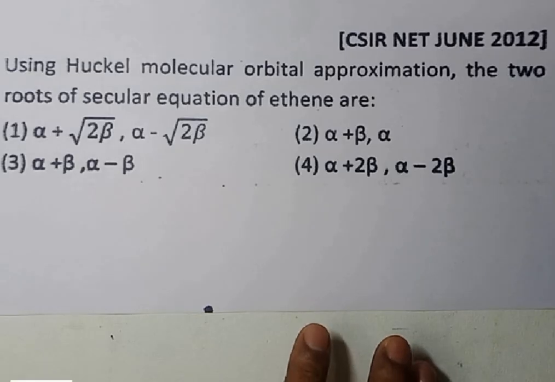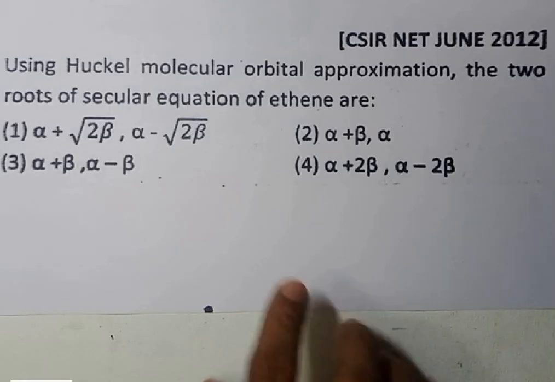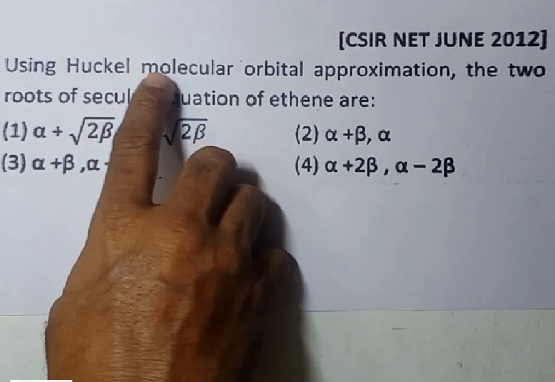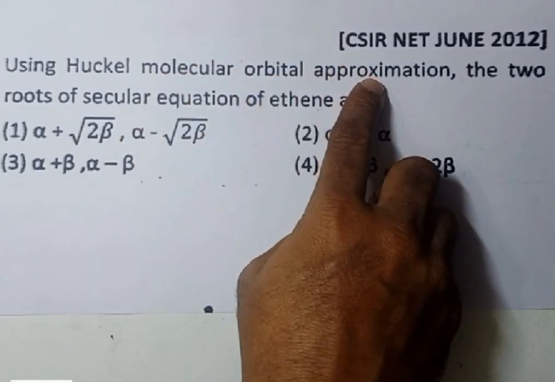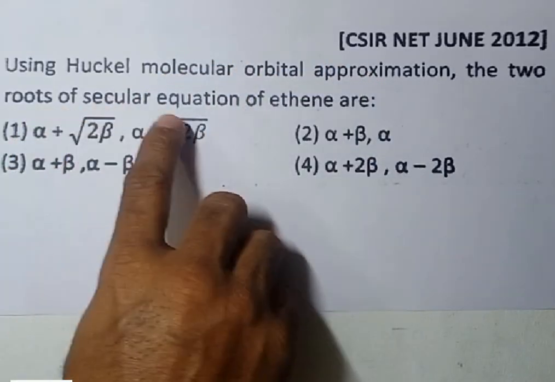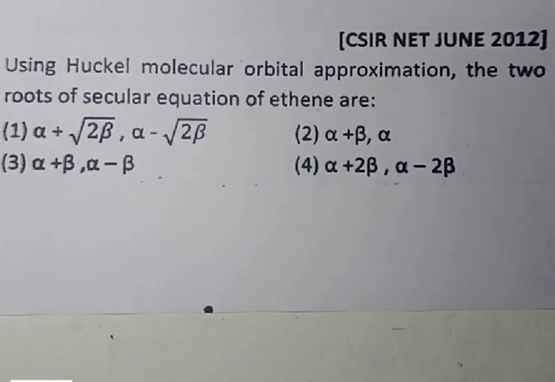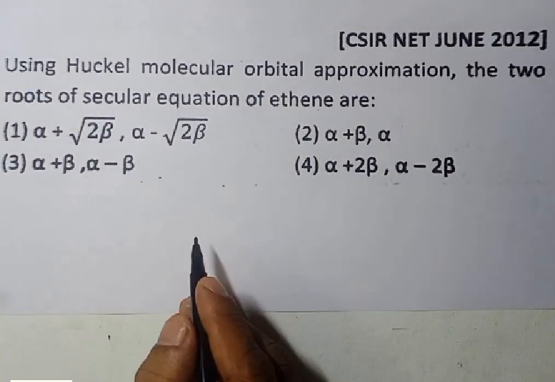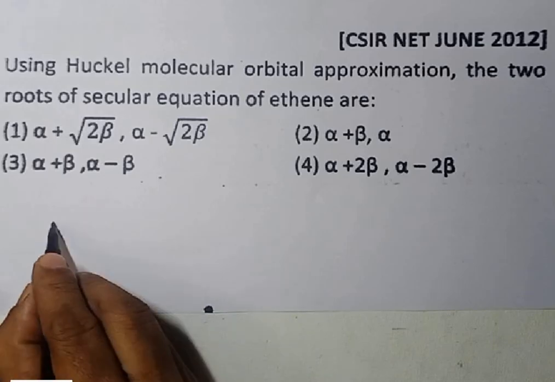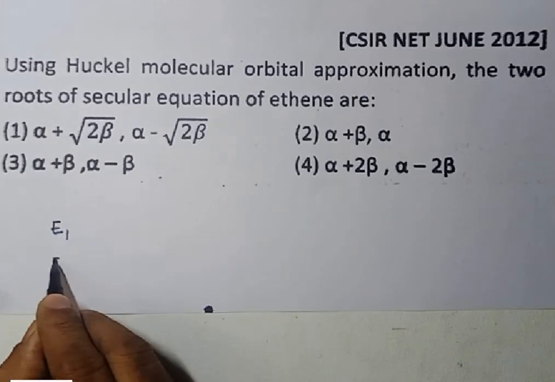This question appeared in June 2012. Using the Huckel molecular orbital approximation, the 2 roots of the secular equation of ethene are? What are the 2 roots? If you solve the secular equation, you will get 2 energy values.